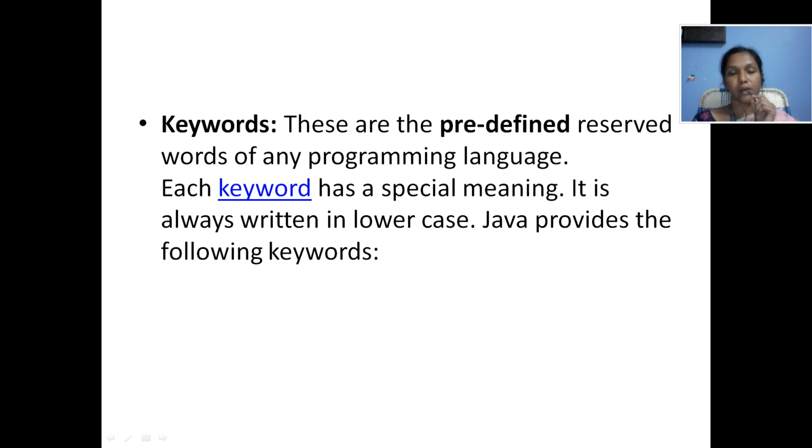A keyword is a predefined reserved word. In Java, many keywords are there, and those keywords have a special meaning. For example, in the earlier class, we have seen the keyword class. Whenever you want to define a class, before the class name we need to use the class keyword.